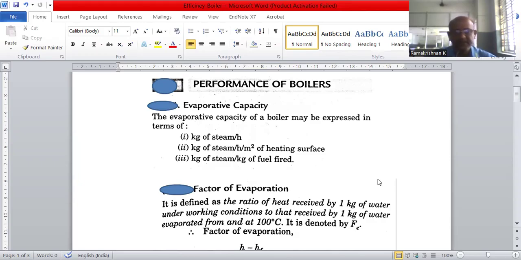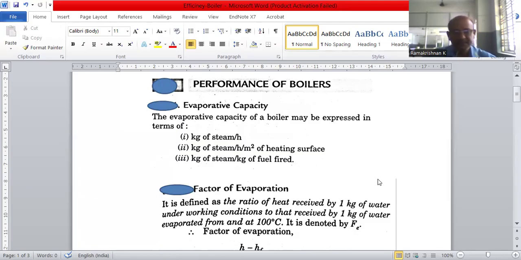The boiler's evaporative capacity is expressed in some ways, like the amount of steam generated per hour, that is kg of steam per hour. The second way is the amount of steam generated per hour per square meter of heating surface, kg of steam per hour per meter square of heating surface.